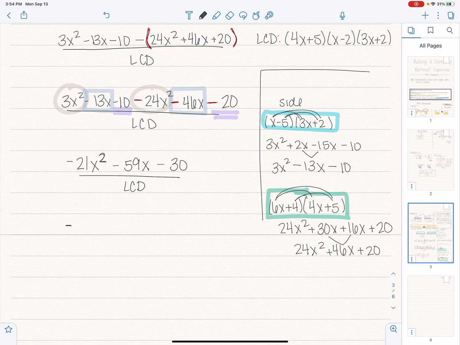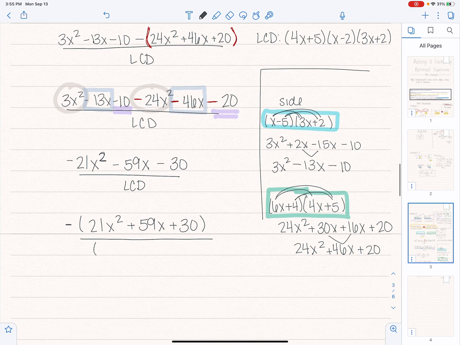So no, I could technically take out a negative, which would give me 21x squared plus 59x plus 30 all over the LCD of x. I already lost my LCD. 4x plus 5, x minus 2, 3x plus 2. I'm thinking that factors.